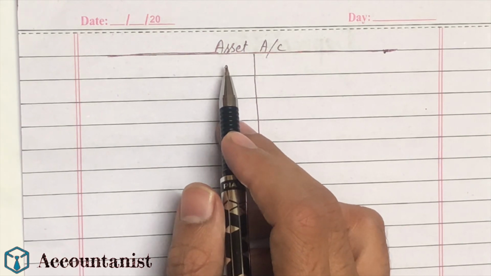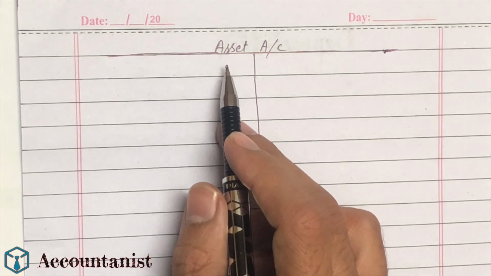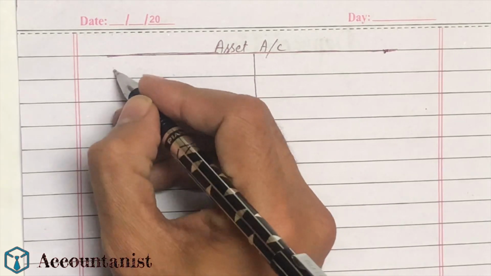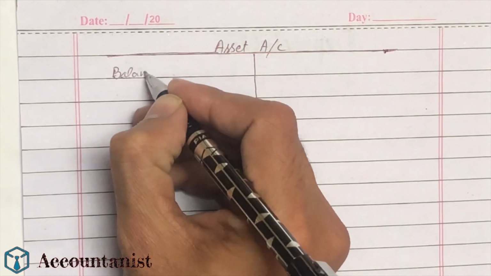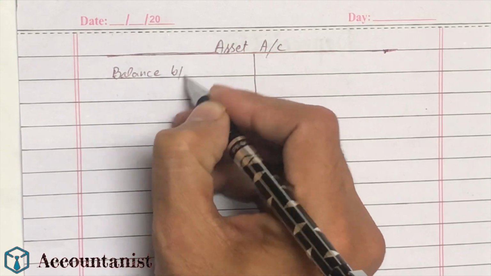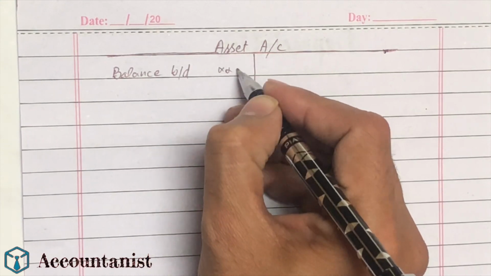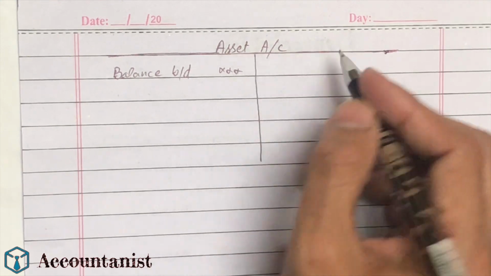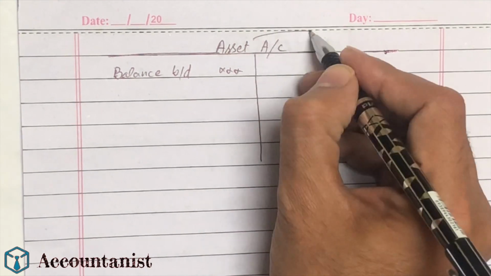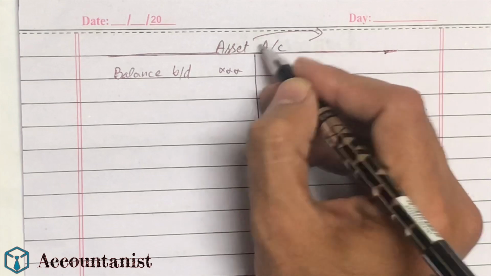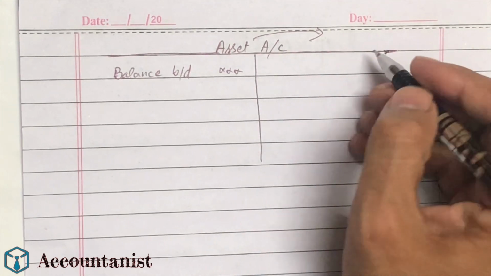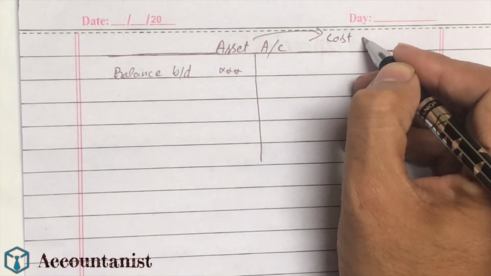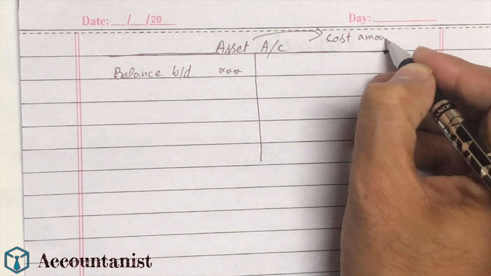So in the asset account, as we know that assets come up on the debit side, we always have an opening balance of asset on the debit side. I always tell my students that all the values we will record in this account are the cost amount only.